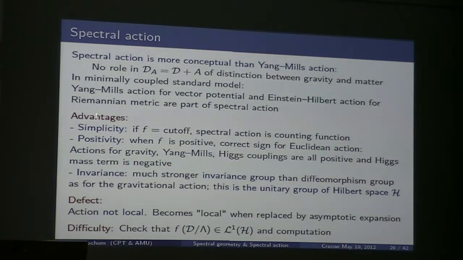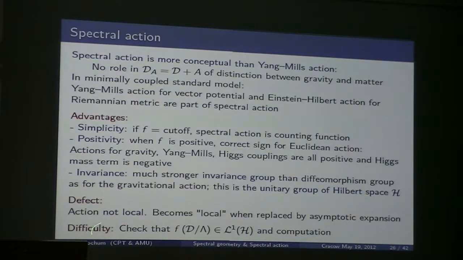So that's not obvious at all. Of course, life may be a bit complicated, so I have to deserve my salary. There are some defects. This action is not local. You could say it becomes local when you replace the spectral action by its asymptotic expansion, when lambda, the energy, goes to infinity.